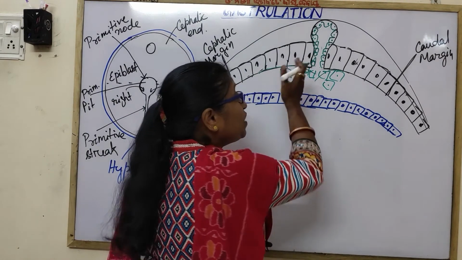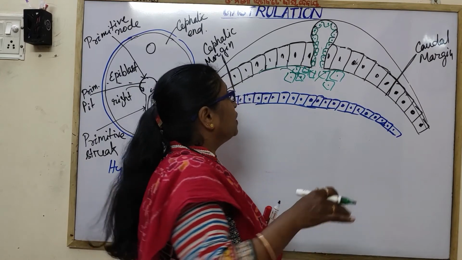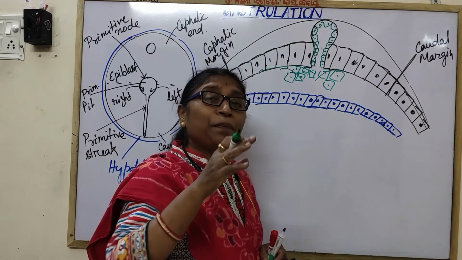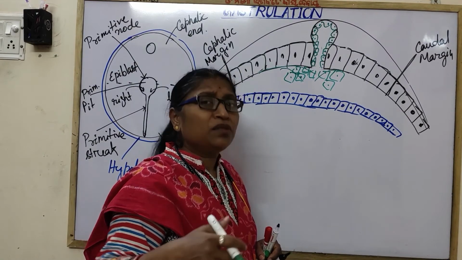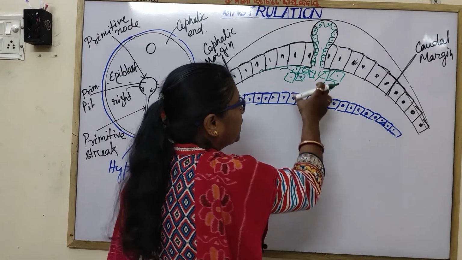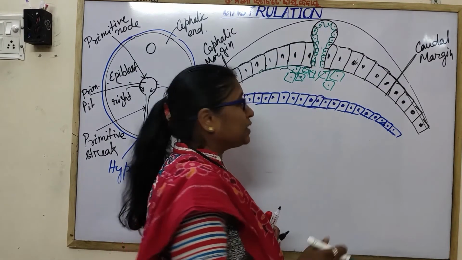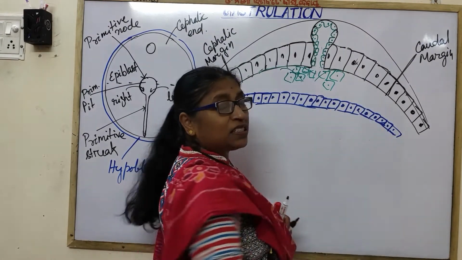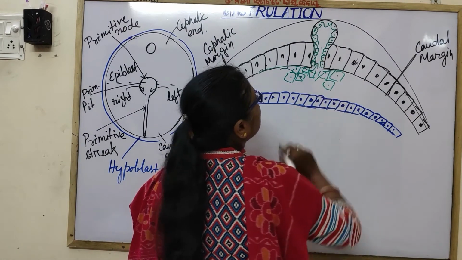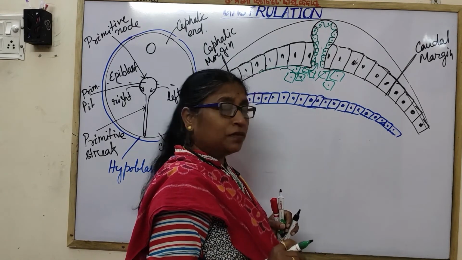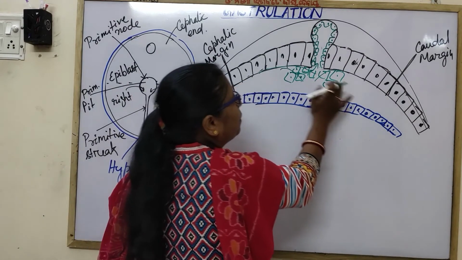The inward movement of these cells is the migration of proliferated cells. Proliferation is cell division, and migration is movement. When these cells are produced by cell division from the epiblast cells, all of which are stem cells, they migrate into the primitive groove, and then they detach and slip down beneath the epiblast.